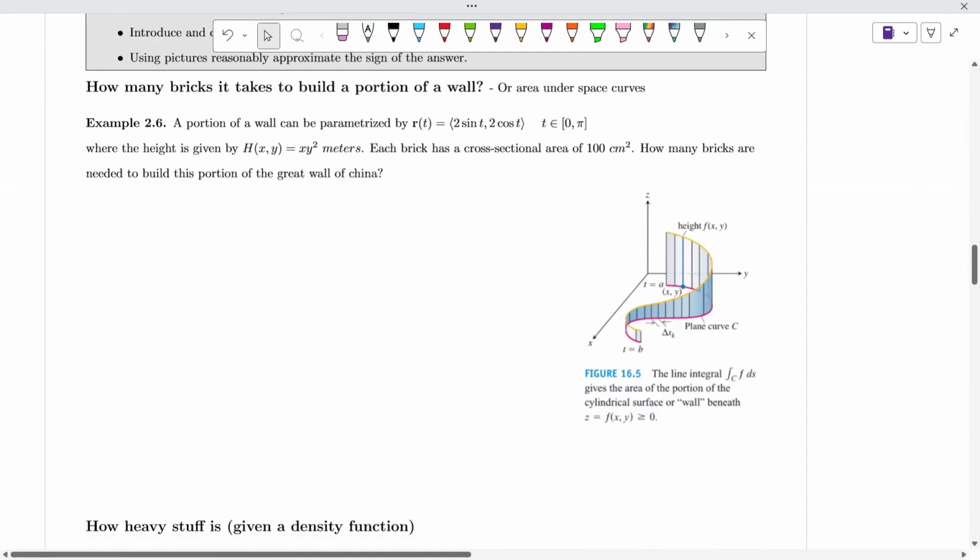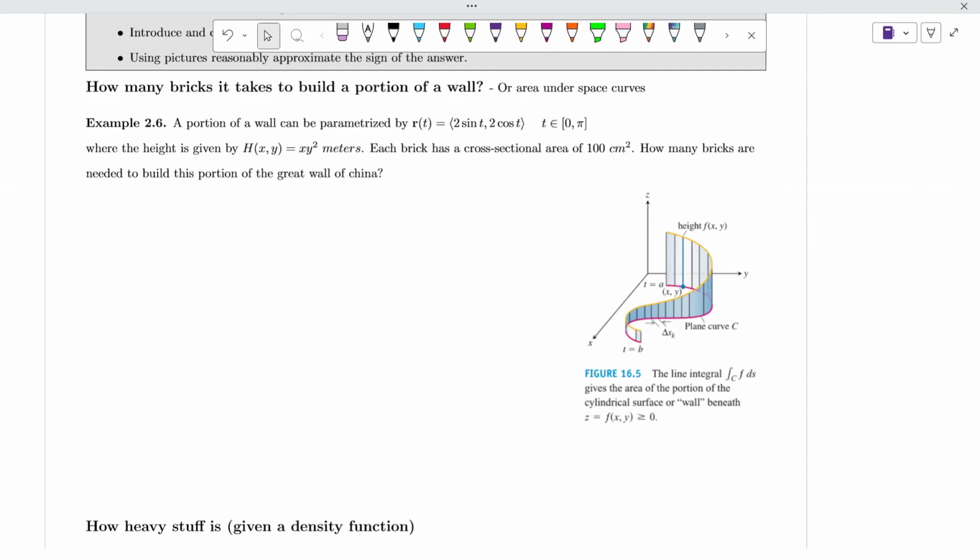So, as an example, I've got a wall that can be parameterized by the curve t sine t, t cosine t for t in the interval 0 to pi. Don't forget to put bounds on all of your parameterizations because that's going to be pretty critically important over the next couple of sections.